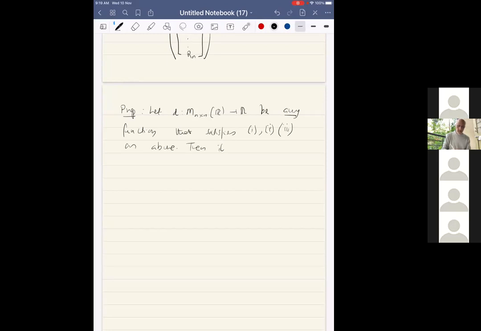Then it satisfies about 9 other properties, 1, 2, up to 9, which I will not write down.